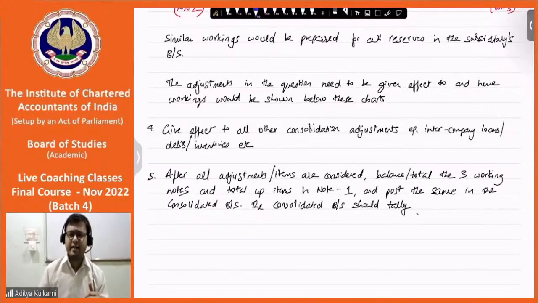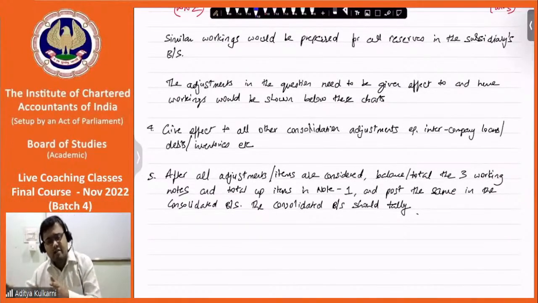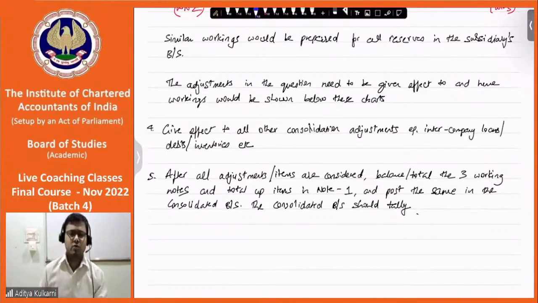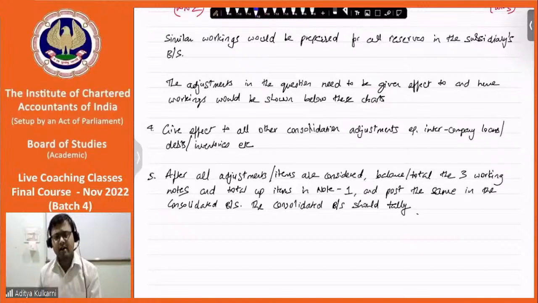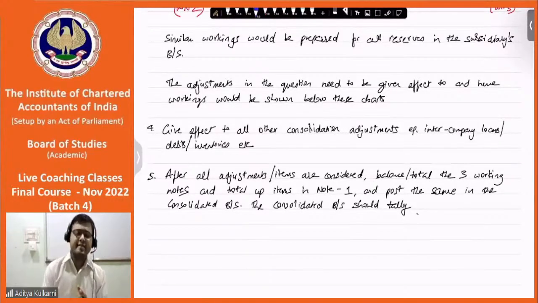Why the post-acquisition reserves? We are adding the post-acquisition reserves because this is the period when the parent was in control that the reserves were earned. So we have earned this when the parent was in control, and that is why it is getting added. So this is note number 3.